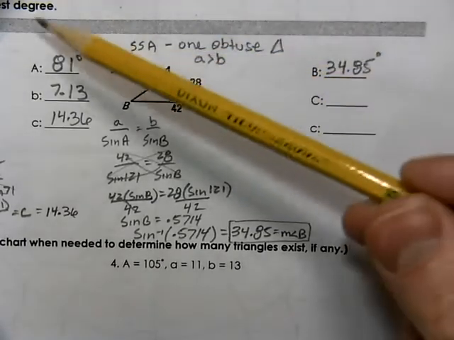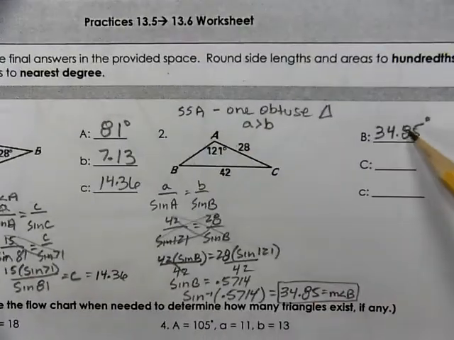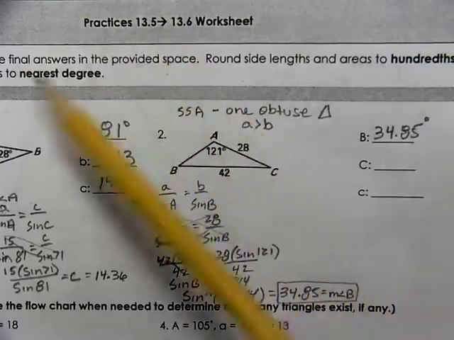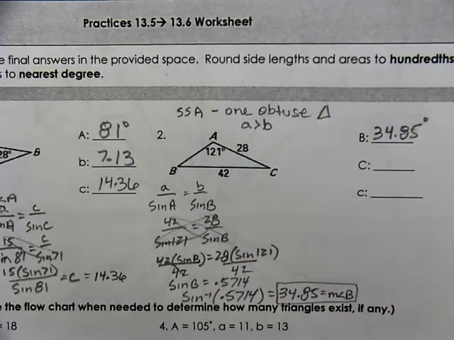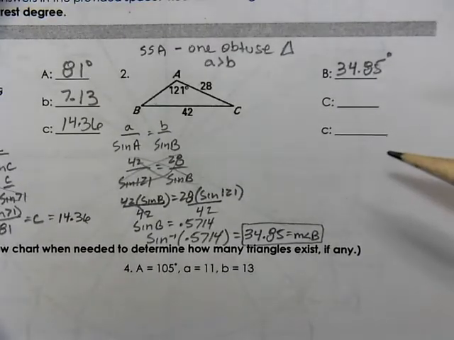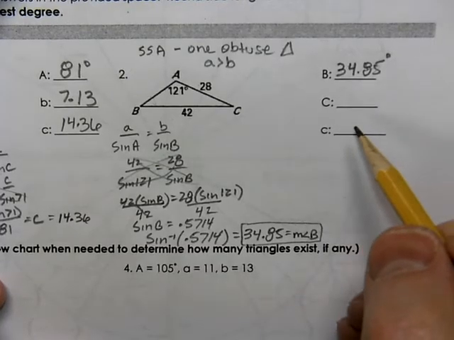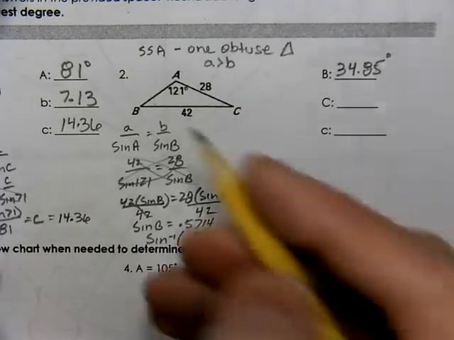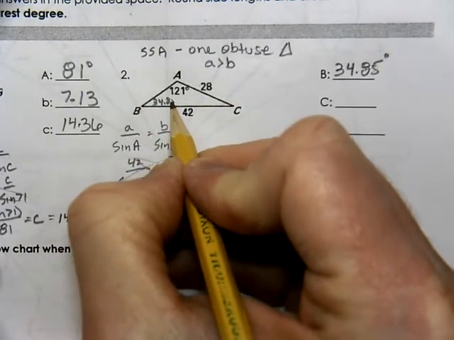So it looks like the directions are actually asking for to the nearest degree. That would round up to 35, but usually we like to be a little bit more exact. So I'm going to leave it exact, or at least rounded to the nearest hundredth. Okay, so now if we're looking for angle C, B was 34.85.